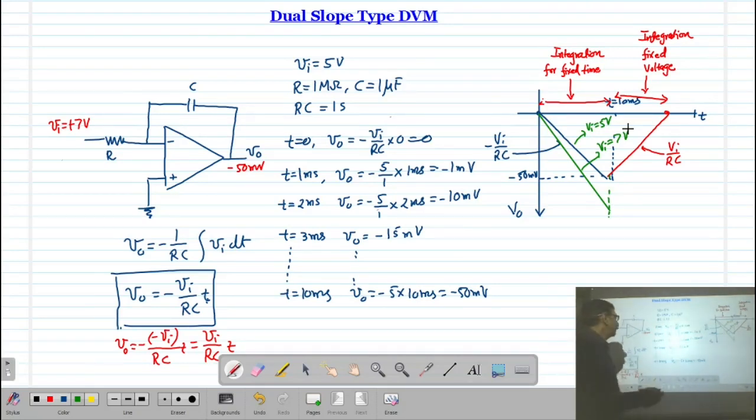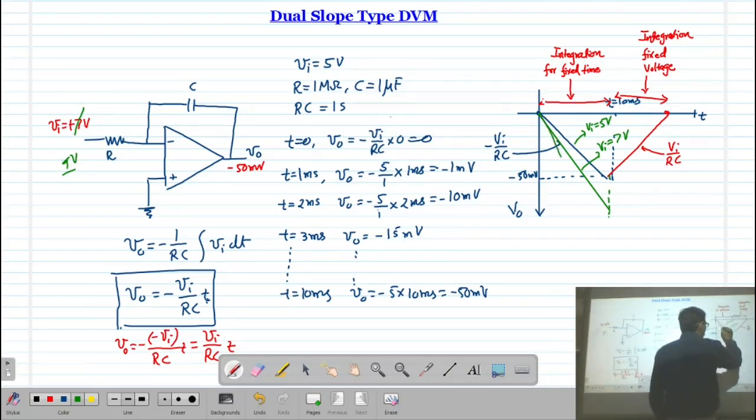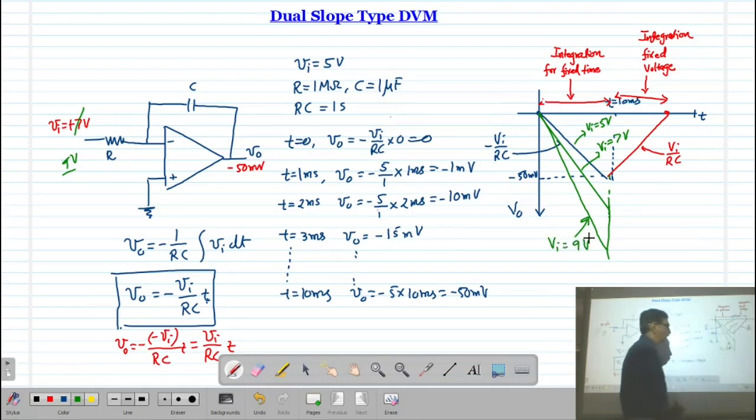Now instead of 7 volt, if I have 9 volt, then the slope will again increase. So in that case, the output voltage will increase in this manner. This is for Vi equal to 9 volt.